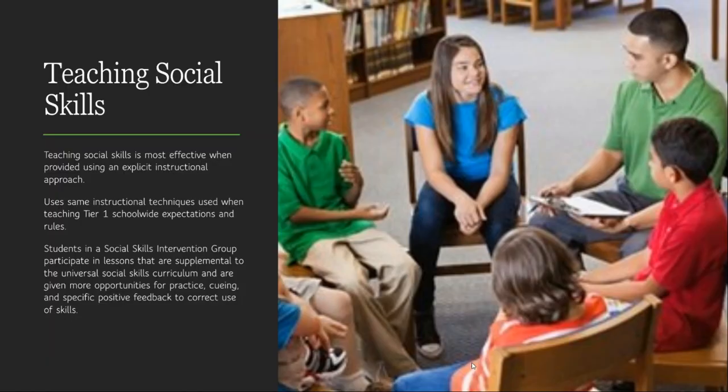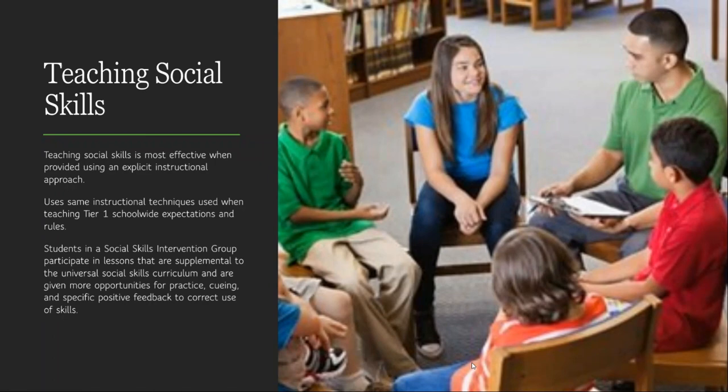So, teaching social skills is most effective when using an explicit instructional approach. Teaching social skills involves using the same instructional techniques that we use in the school wide tier one social curriculum, when we are explicitly teaching those skills, monitoring their use of those skills, and providing feedback for the usage of those skills.